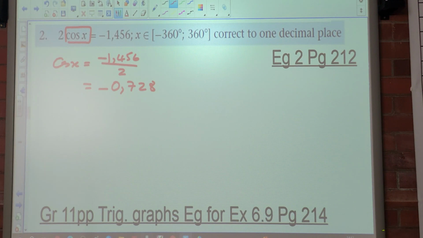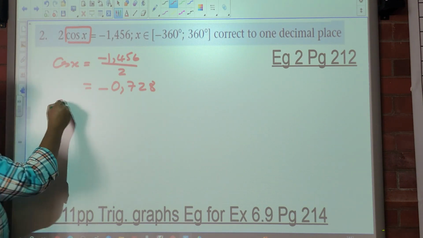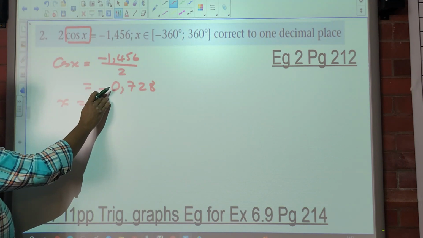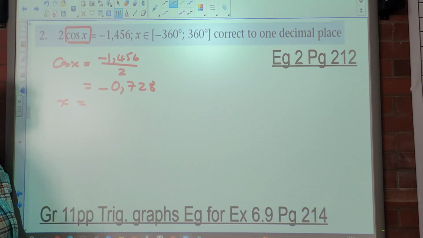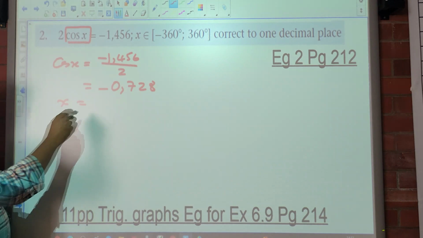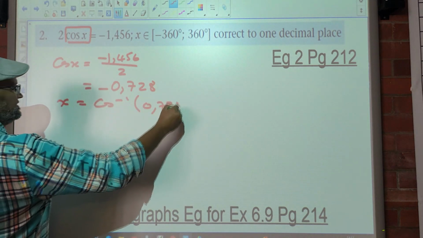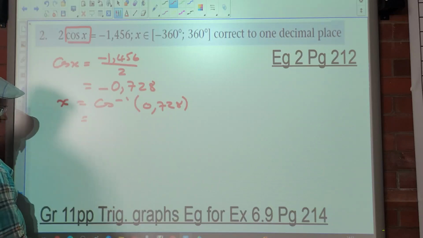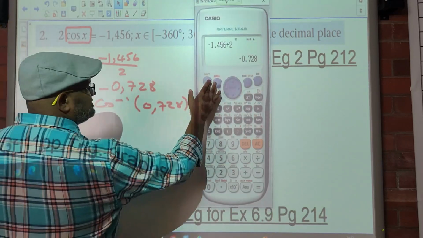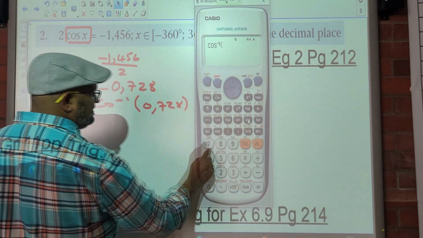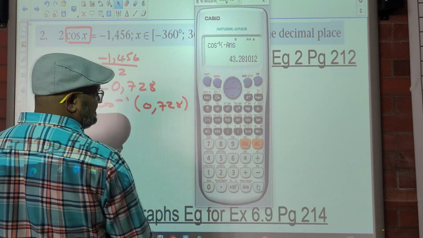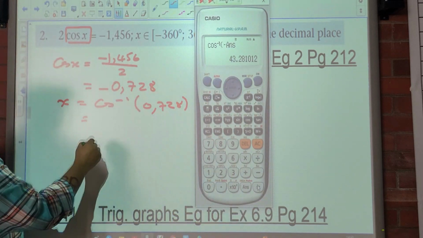So what do I do now? Half cos both sides. So what do we do with the negative? We drop the negative. So we get half cos of 0,728. Remember, we're dropping the negative. So it's 43,28.